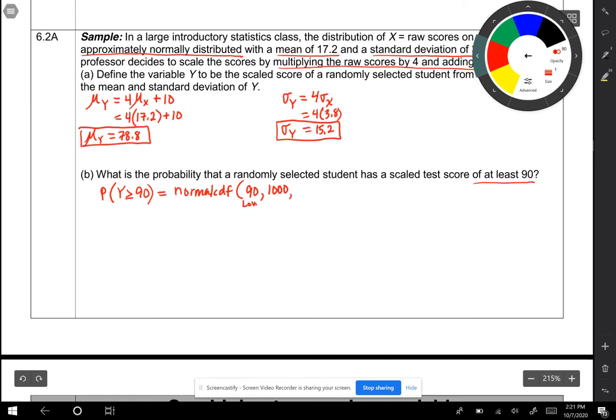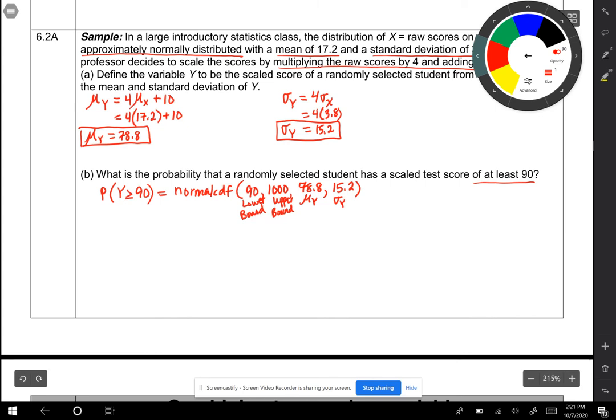So lower bound, upper. The mean is 78.8. That's the mean of y. And our standard deviation was 15.2. But you have to identify these for getting full credit.